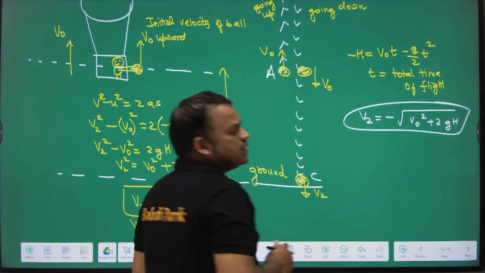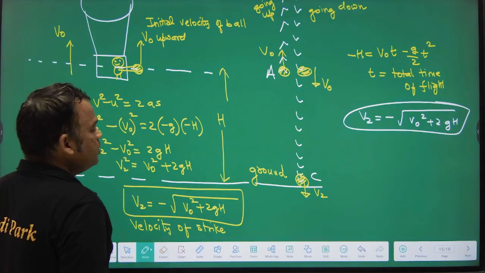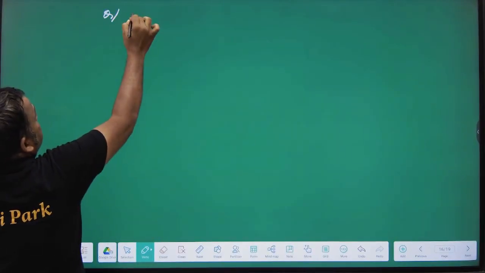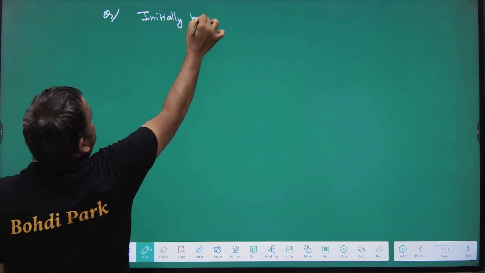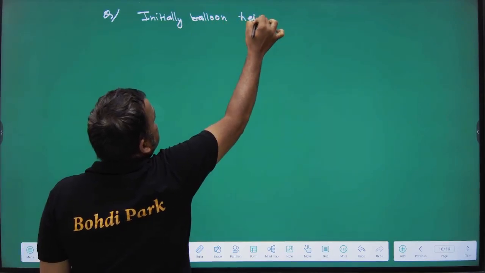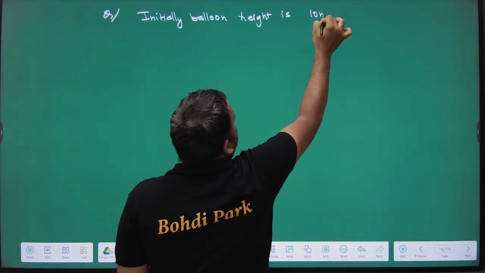So let's use this formula in solving this type of question. So suppose the initial height of the balloon is 10 meter.